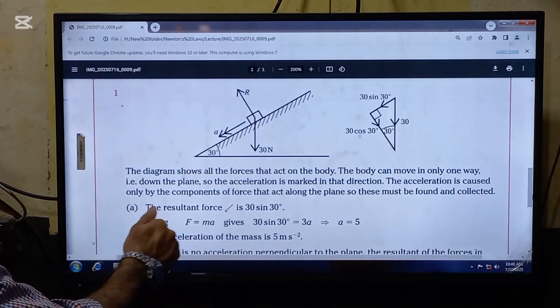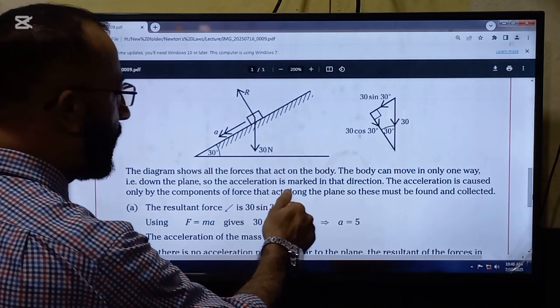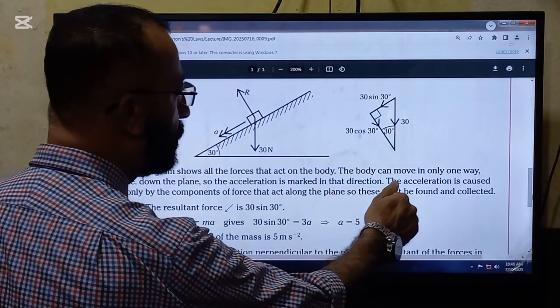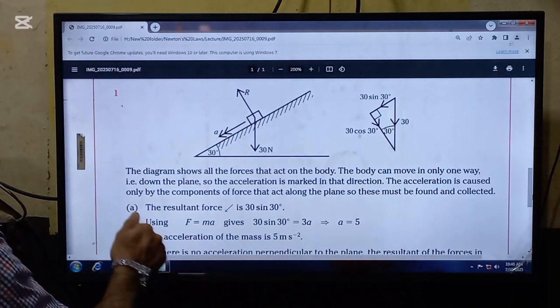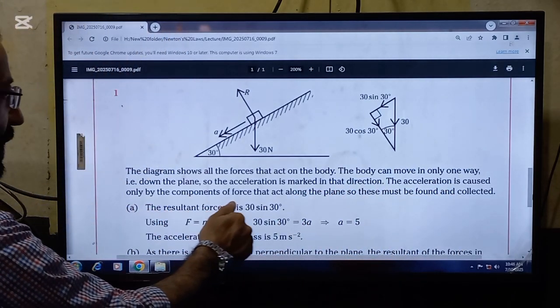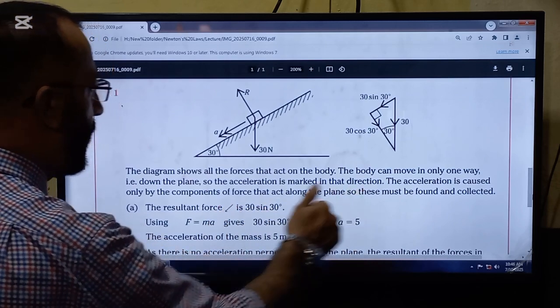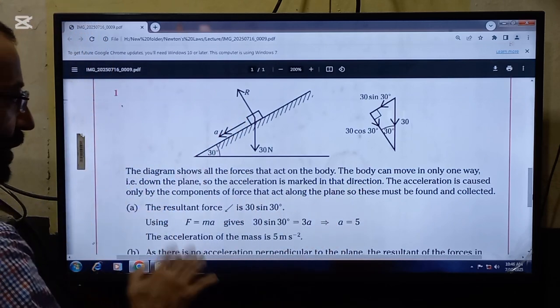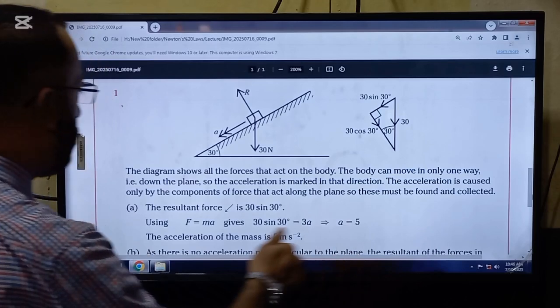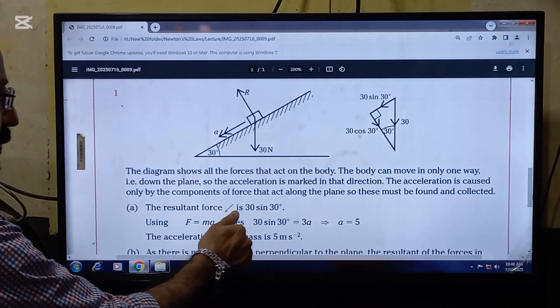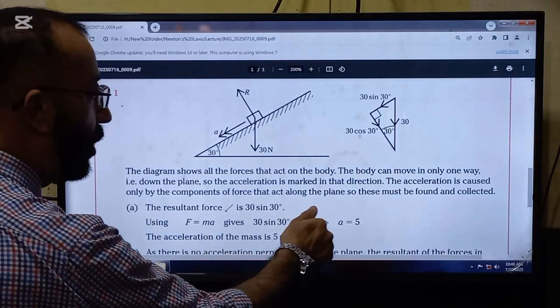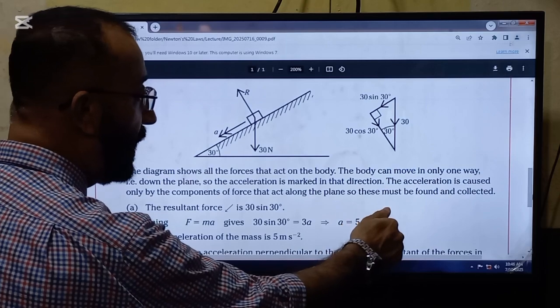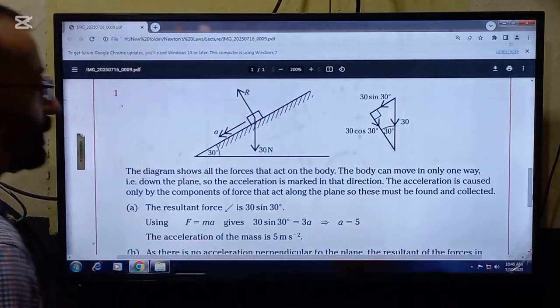Look now, the diagram shows all the forces that act on the body. The body can move in only one way, that is down the plane, so the acceleration is marked in that direction. The acceleration is caused only by the components of the forces that act along the plane, so these must be found and collected.